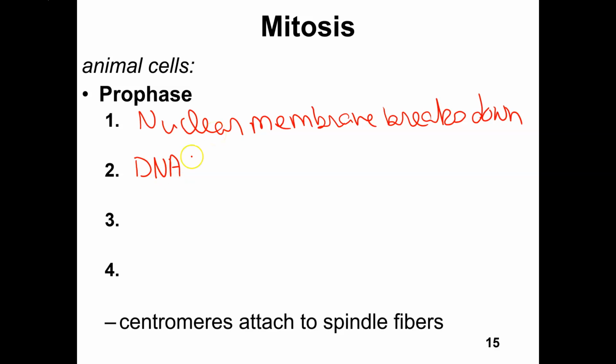And so uncondensed, it's known as chromatin. So the uncondensed DNA, or the chromatin, condenses into chromosomes.